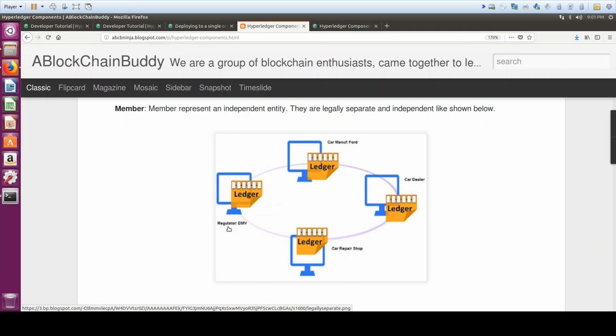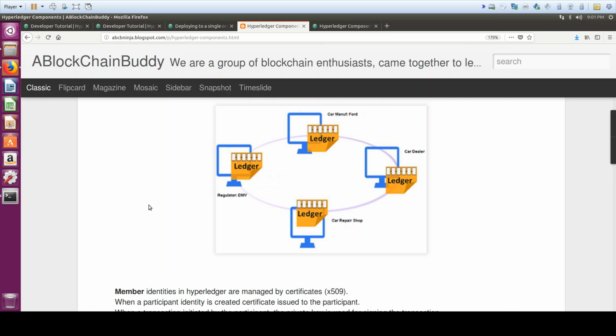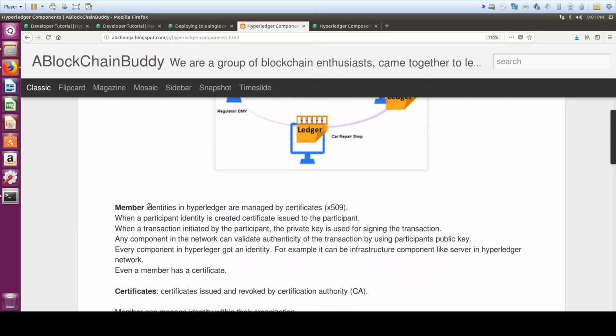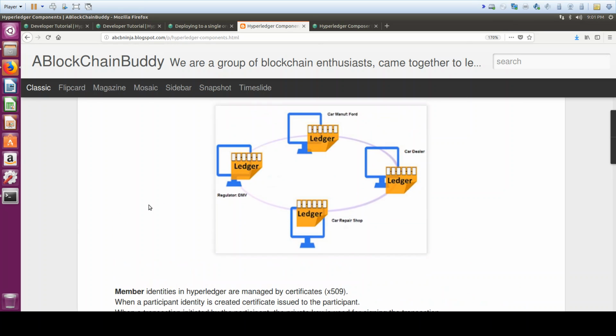In this way, all the participants are using this network to efficiently communicate with each other. We have introduced the concept of member organization. Each one is an organization.